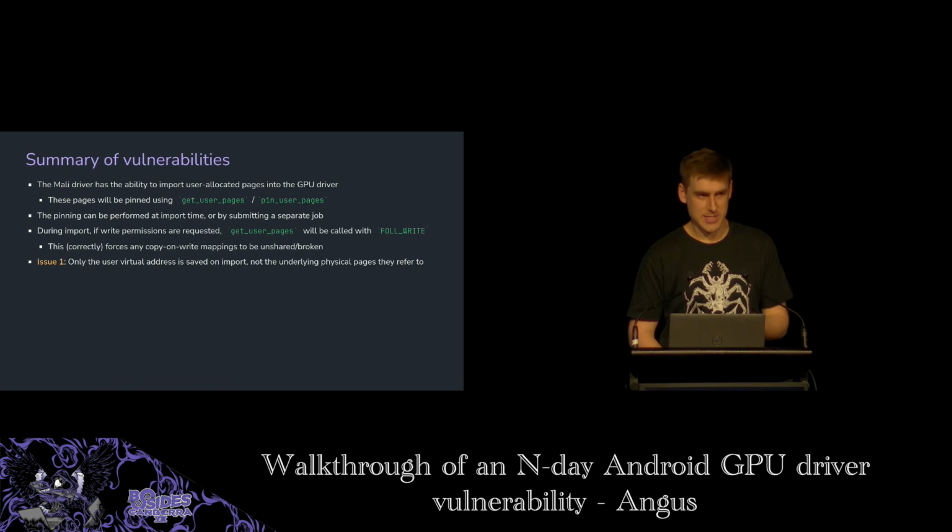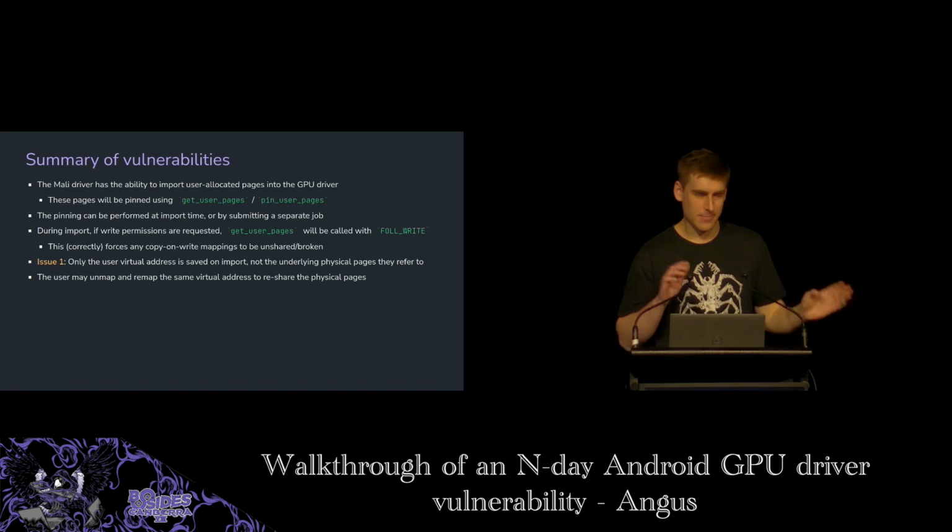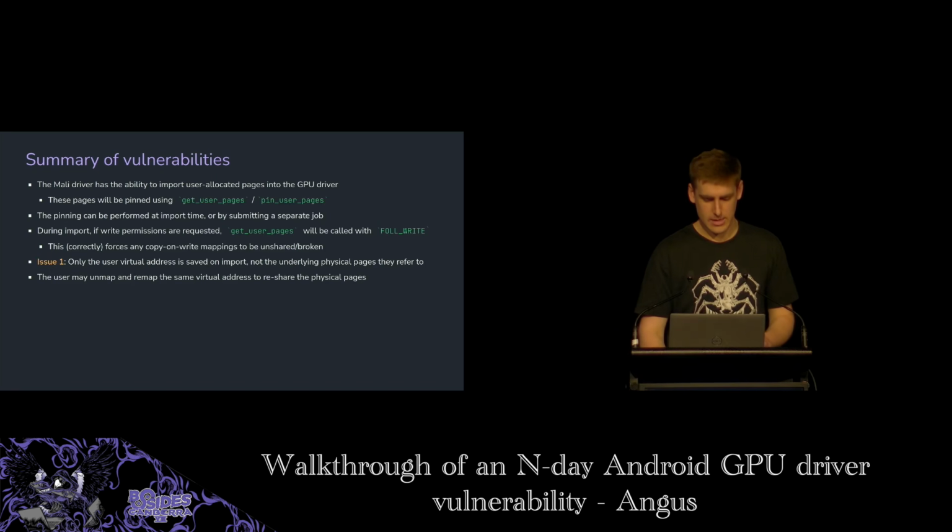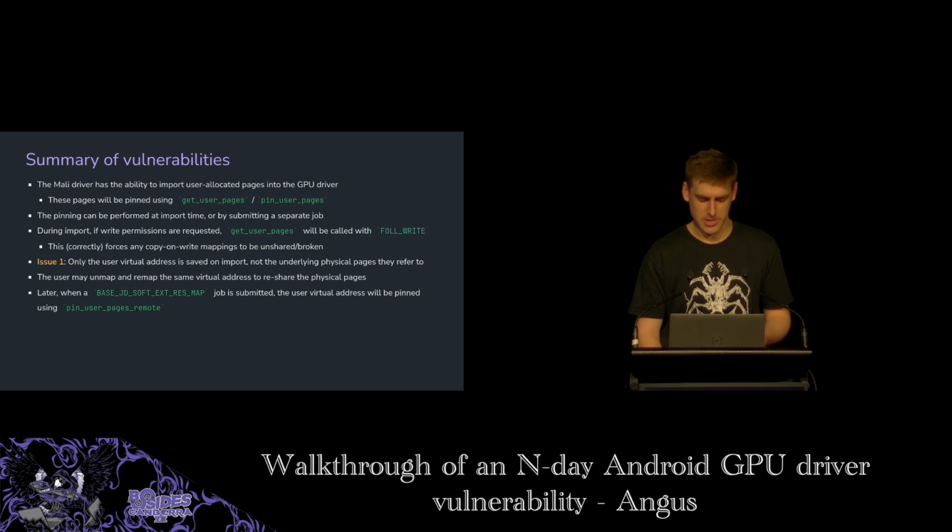However, the first issue we saw is that it only saved the virtual address provided by the user, not the underlying physical pages, which means that the user is then free to go and do whatever they want with that virtual address, set it up to be something else in the meantime, in this case a new copy on write shared mapping.